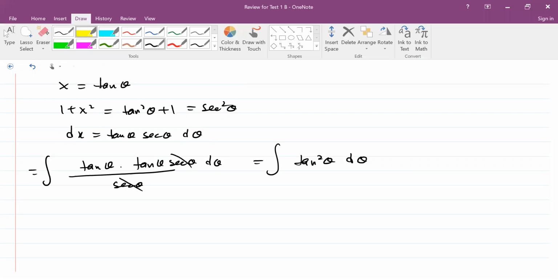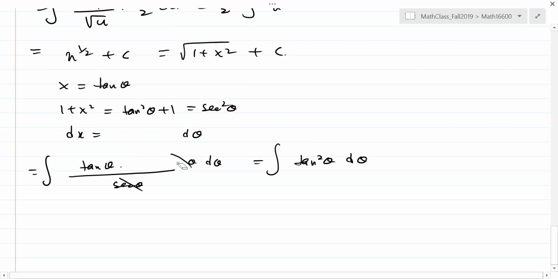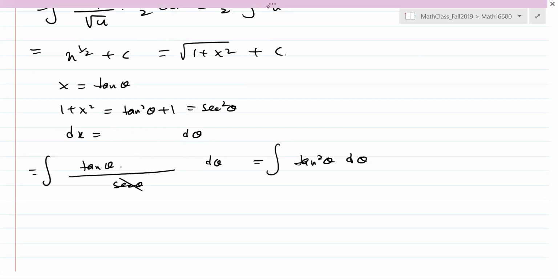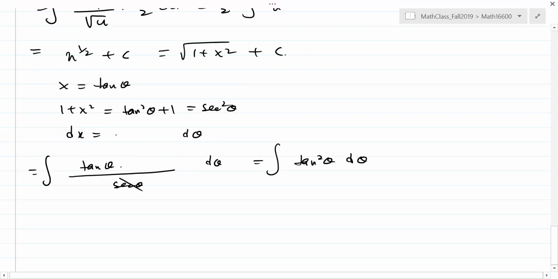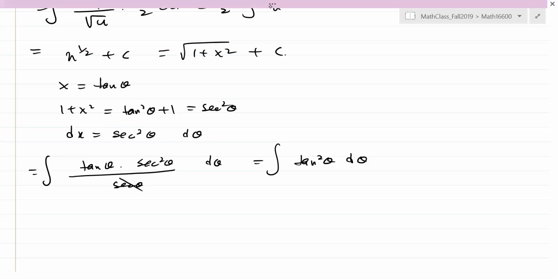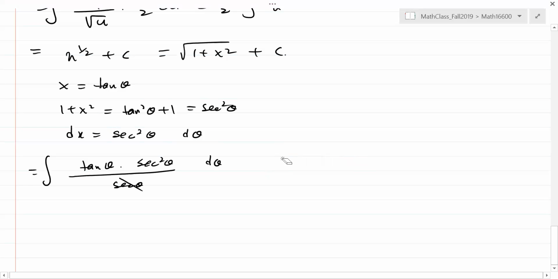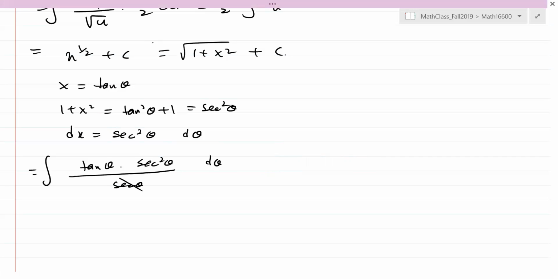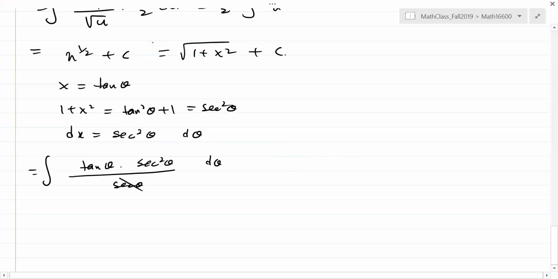Don't get confused. Because tangent is sine theta over cosine theta, when you differentiate, you will get 1 over cosine square theta, which is secant square theta. Okay. So that's it.